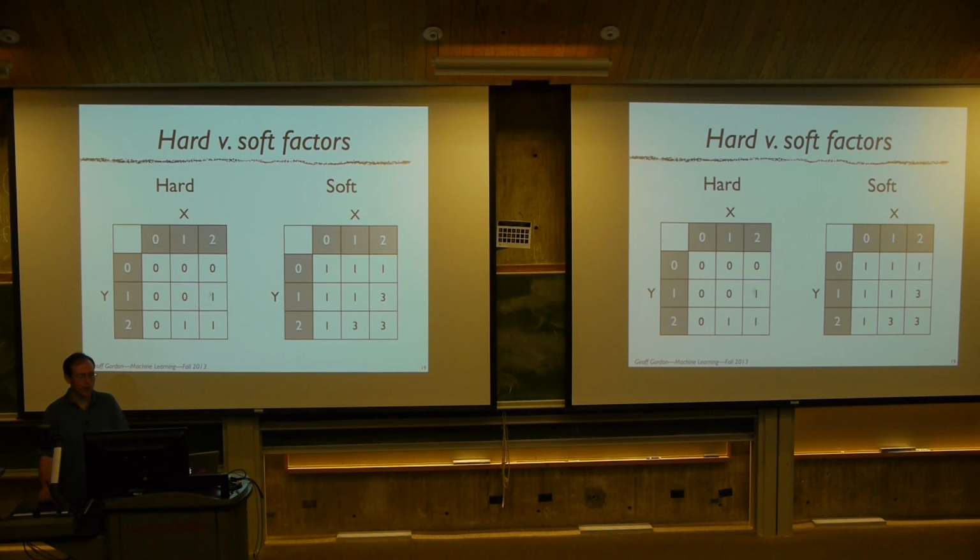You can also write hard factors that have some zeros in them. Here you can think of this as a hard constraint: X and Y are not allowed to jointly take the value, let's say, 0 and 1. Whereas here, this is just a soft constraint where we prefer not to have them take that value.